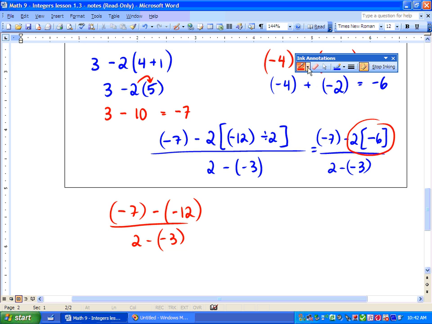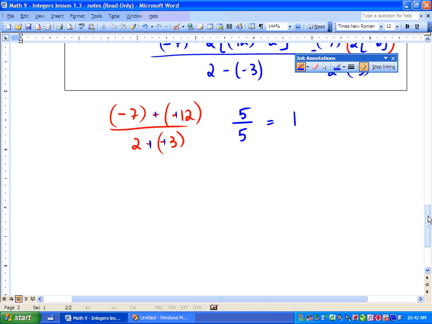Two negatives make a positive. Notice how we've just done the top. We've only been dealing with the top. So negative 7 plus 12 is going to be 5. And now we can do the bottom. It says 2 minus negative 3. You're taking away negative. So two negatives make a positive, and we get 5 divided by 5, which is just 1.